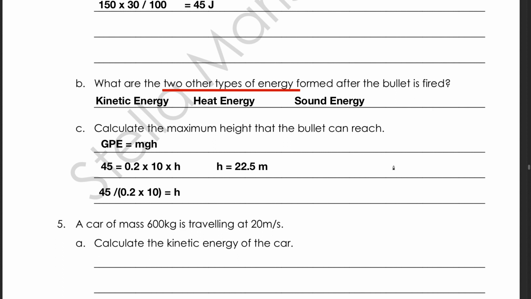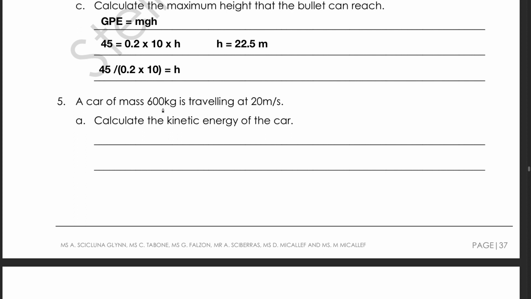Finally, question 5. A car of mass 600 kilograms is traveling at 20 meters per second. A. Calculate the kinetic energy of the car. All we have to do is refer to the equation for kinetic energy, which is KE equals 1/2 mv squared.